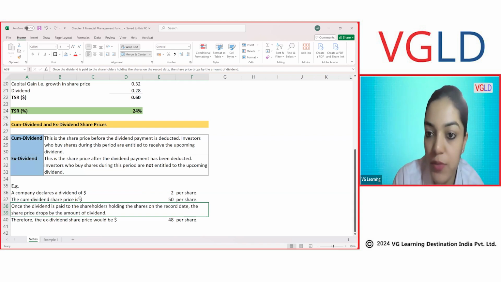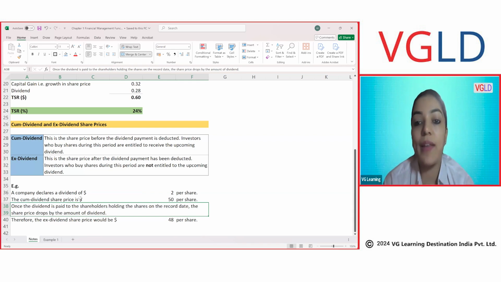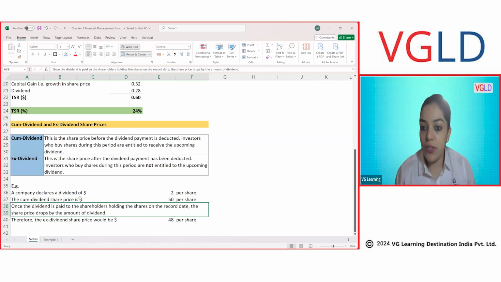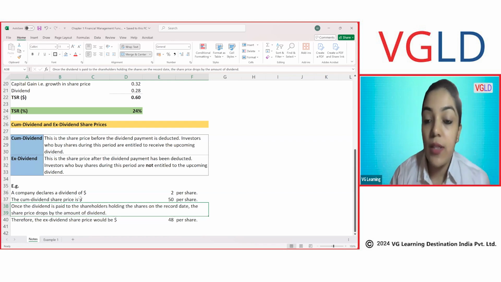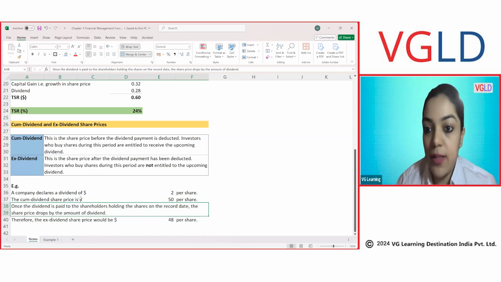So anyone who was holding the share from before and who is acquiring the share after getting to know the news of dividend, they are at same level. It is to ensure parity among the shareholders so that no one gets undue advantage, that the news comes of dividend and now I will purchase the share, so I will get a free benefit of dividend which others who are holding from before were getting. Okay. So this is an example.